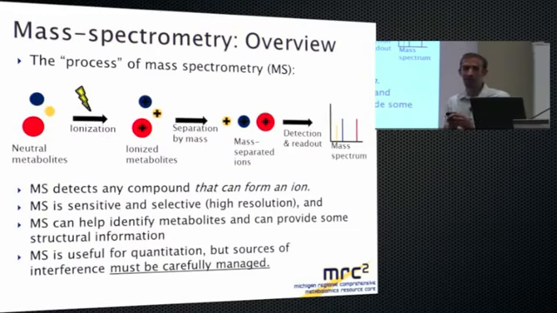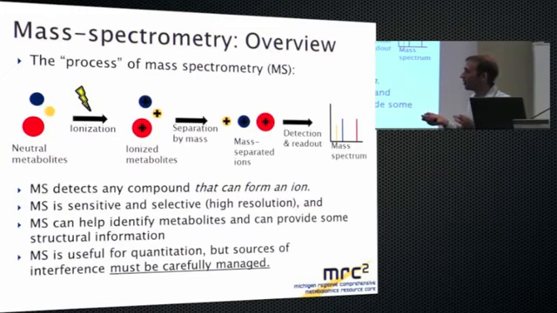So if you have a carbohydrate, a very neutral molecule, you may have trouble ionizing it by electrospray mass spectrometry without some further tricks, derivatization, alteration of the pH of the liquid. So that's the first step in mass spectrometry, is we convert our neutral metabolites to ionized metabolites.